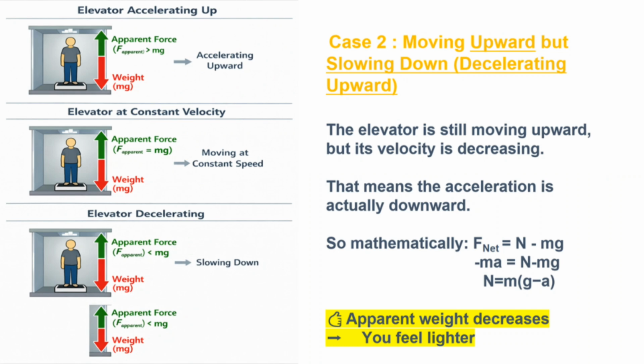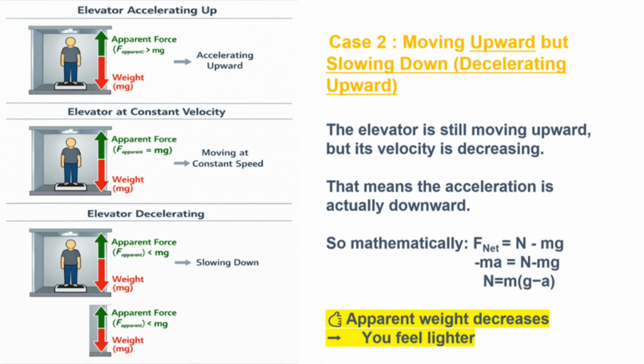But what will happen if the same elevator which is moving in upward direction decelerates, it slows down? Now this is subtle. The elevator is still moving upward, but its velocity is decreasing. This means that the acceleration is actually downward. So again, using Newton's second law of motion, we will derive an equation for the normal force. But now in this case, we will use negative acceleration because it is deceleration.